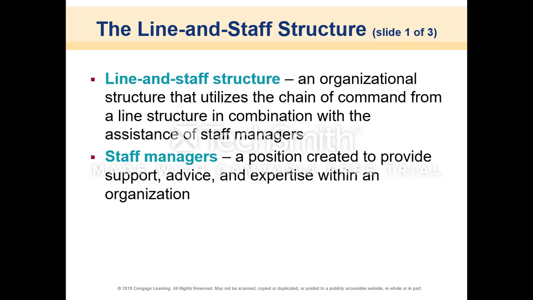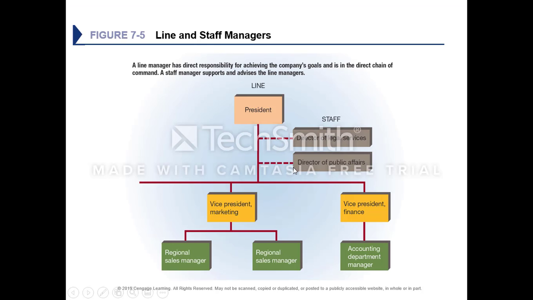Line and staff structure works best with medium and large size organizations. That's where you have the line structure, like we have just discussed, but then there are also staff managers, or you could call them consultants or advisors, that assist in the management of the organization as well.